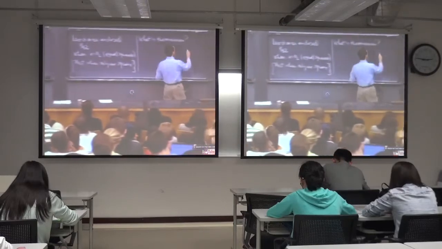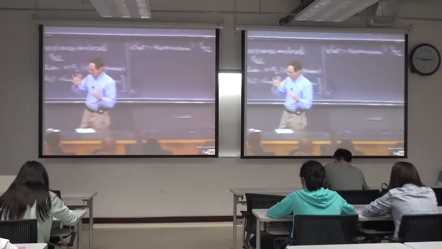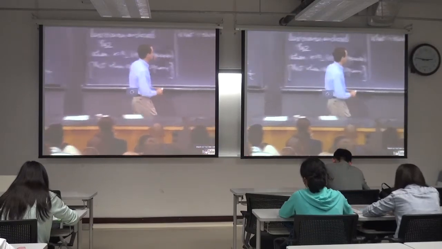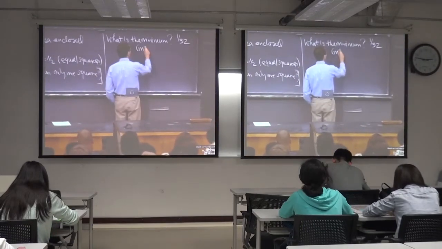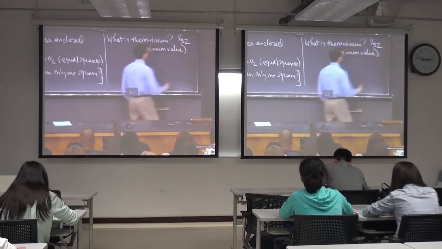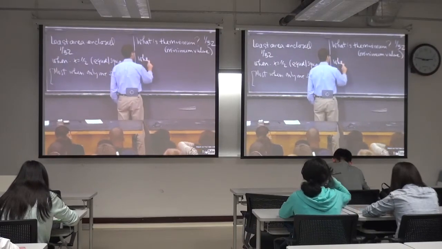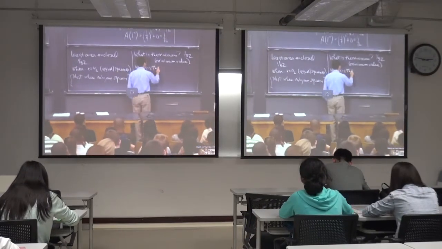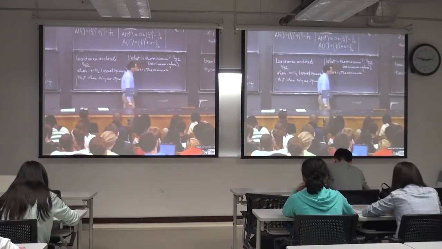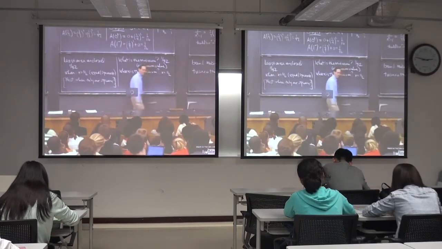So the answer to that question is 1 over 32. Okay? Now the problem with this question, so that refers to the minimum value. Right? But then there's this other question, which is where is the minimum? And the answer to that is x equals 1/2.